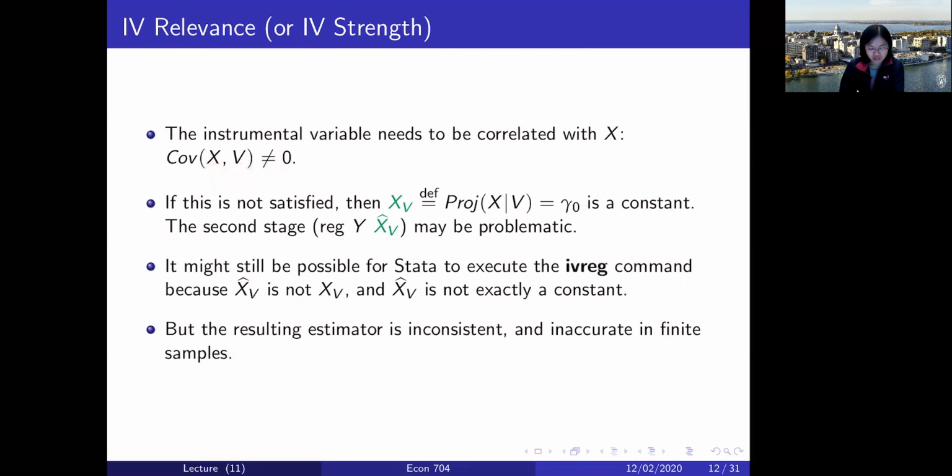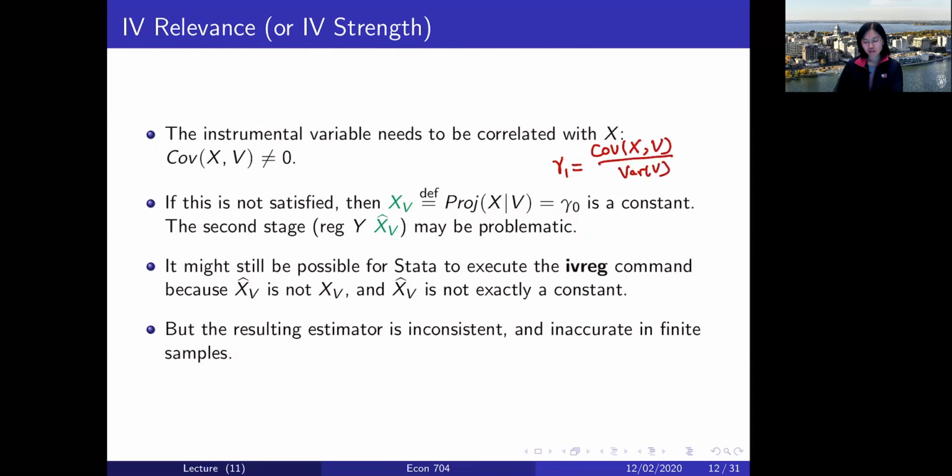Suppose that the IV is not relevant. So the covariance of X and V is 0. If that is the case, then when you project X on V, you're going to get a constant, right? Remember, the projection of X given V has a slope coefficient gamma 1 that is the covariance of the left-hand side variable and the right-hand side variable divided by the variance of the right-hand side variable.